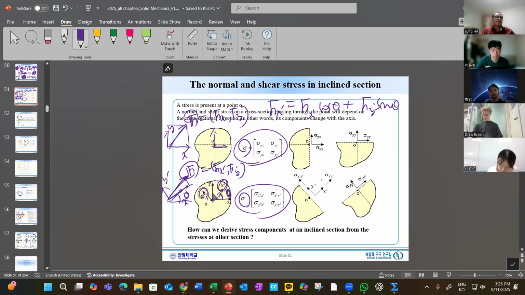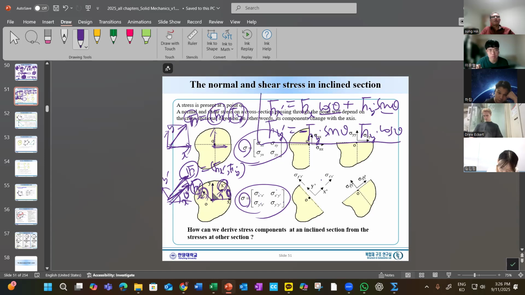This Fx prime can be represented by these two components with the theta. This theta is the angle between the two axes, x and x prime. And also Fy prime can be Fy cosine theta, and Fx sine theta, and one of them is minus here, right?